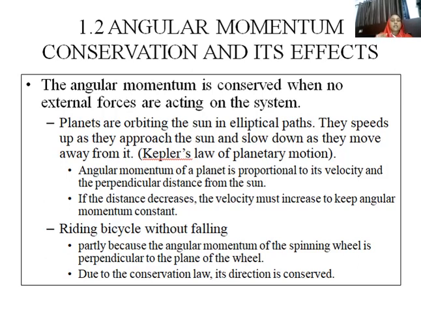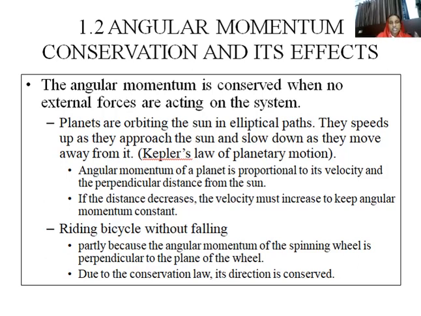They speed up as they approach the sun and slow down as they move away from it. This is Kepler's law of planetary motion. The reason behind it is angular momentum conservation. That means the angular momentum of a planet is proportional to its velocity and the perpendicular distance from the sun.